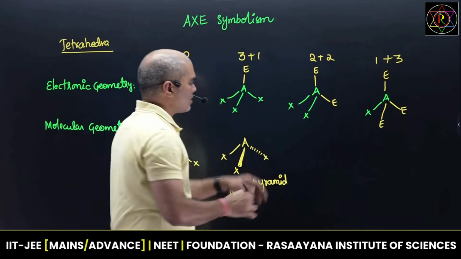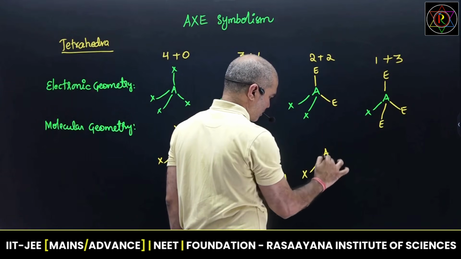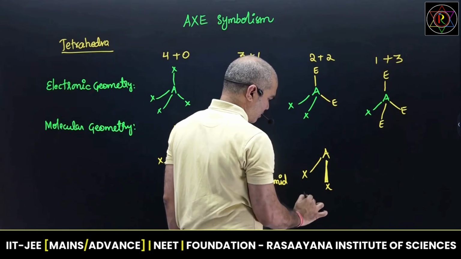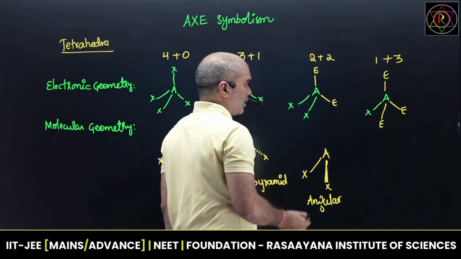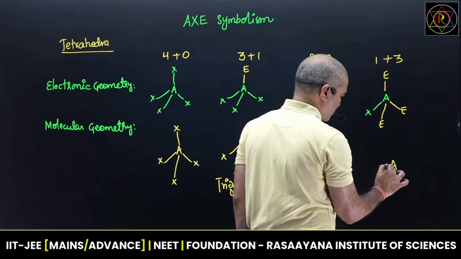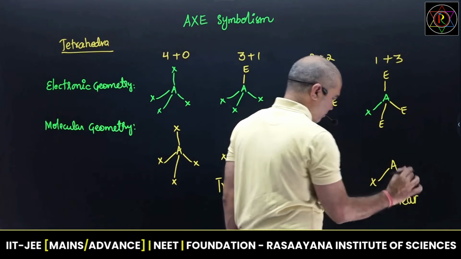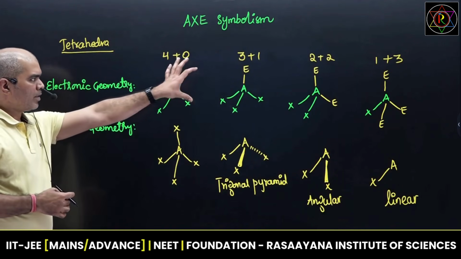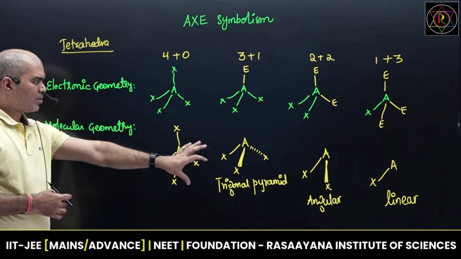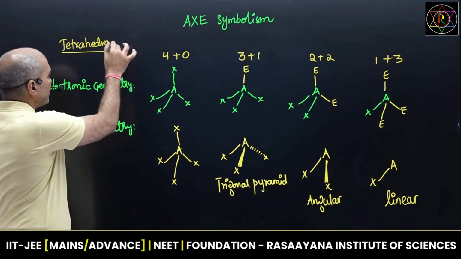In the third case, no lone pairs, that looks like angular or bent. And in the fourth case, it is linear. You can notice how the electronic geometry remains the same, but how the molecular geometry can change. So this is for steric number 4, tetrahedral.